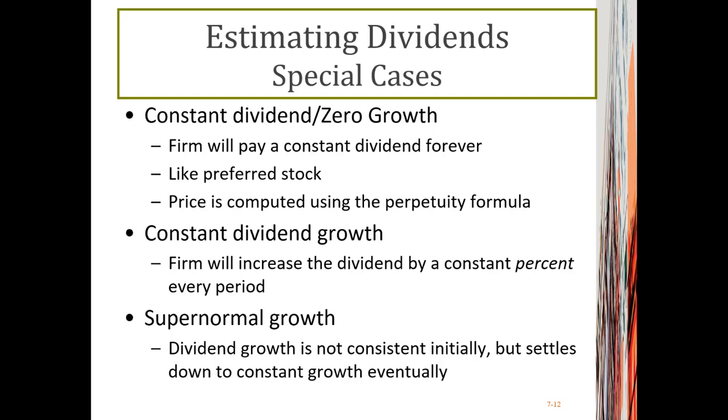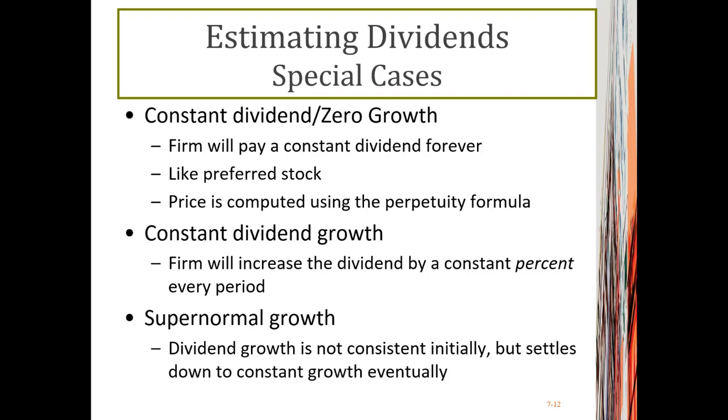And the second case is that, okay, let's say the company is a pretty good company. It follows very stable growth, 5%, 3% every year, and the dividends will grow in that fashion. If that is the case, then what can we do to estimate stock price? And the last case is that, okay, a company may have uneven growth rates.